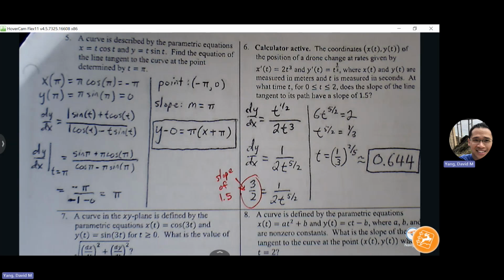To get from here to here, I raised both sides to a power of 2/5 to get rid of that 5/2. That carries over to the right side.